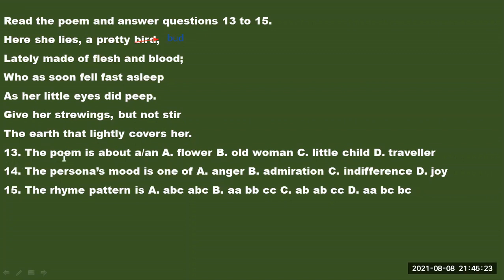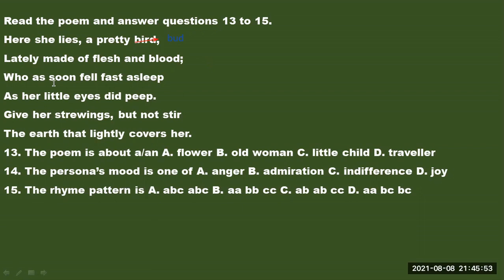Question 13. The poem is about a or an: a flower. Well, it's because bud is mentioned here does not really mean it refers to a flower. Look at the pronoun she, all right? That is really not personifying the bud. A reference to flesh and blood here is not likely to refer to a flower, all right?